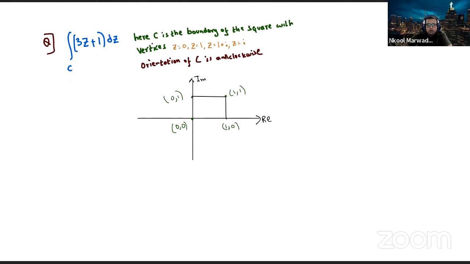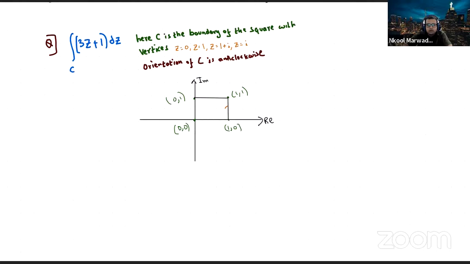And we can name the vertices O, A, B, C.